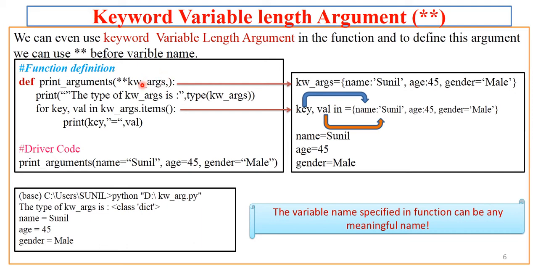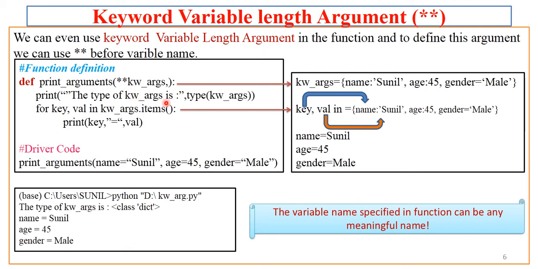This can be anything, any name of your choice, of your convenience, or of your understanding. Whatever understanding you have about your variable usage, you can specify the name as per that usage. Now here I have used kw underscore args as the argument name, and it is preceded with the double star. What does double star indicate? That it is the keyword variable length argument.